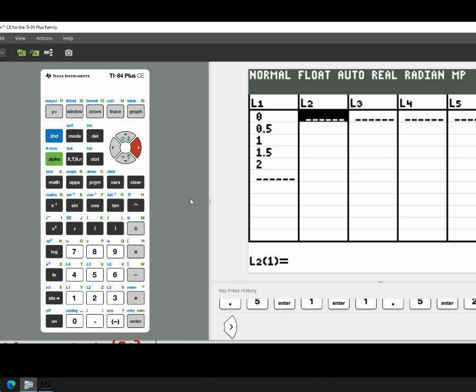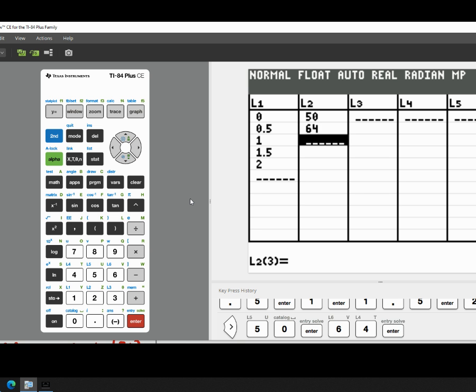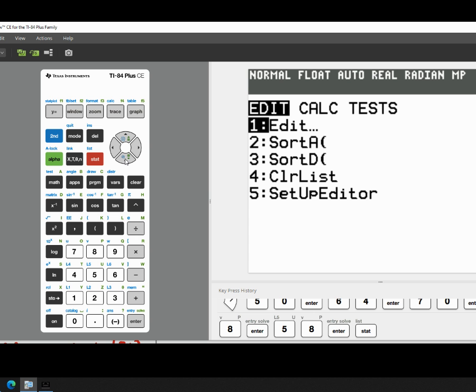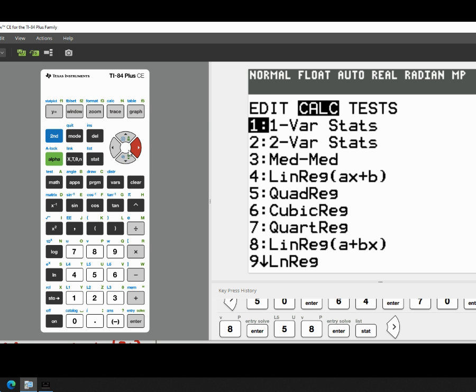My list 2 is going to be 50, 64, 70, 68, and 58. But this time, again, you can look at the graph if you'd like, but what does it ask you to do? It asks you to run a quadratic. So I'm going to go straight to Calc, and I'm going to run a quad reg.